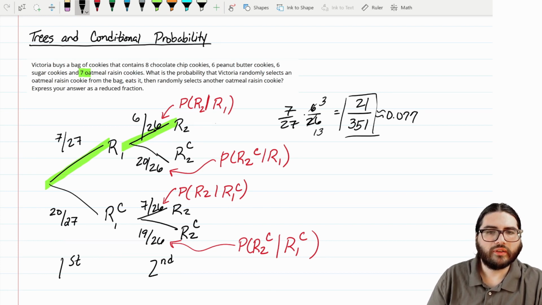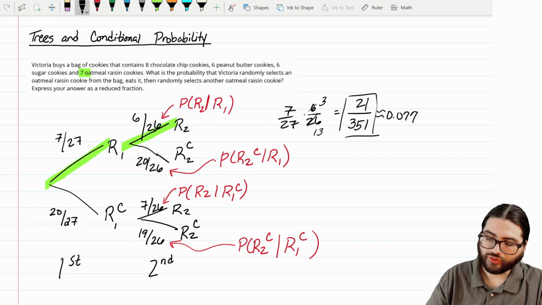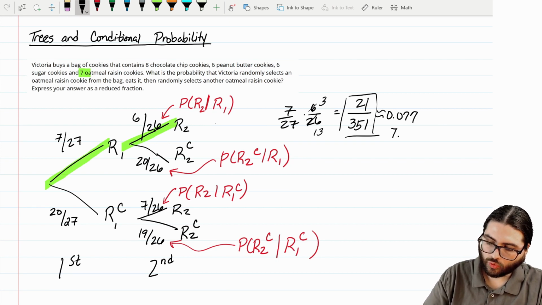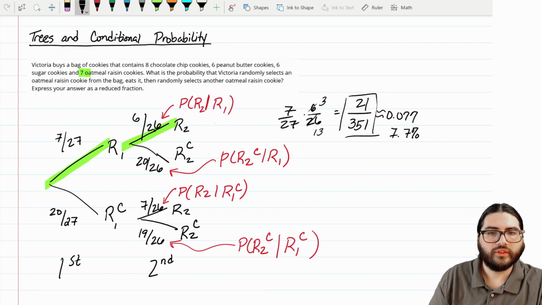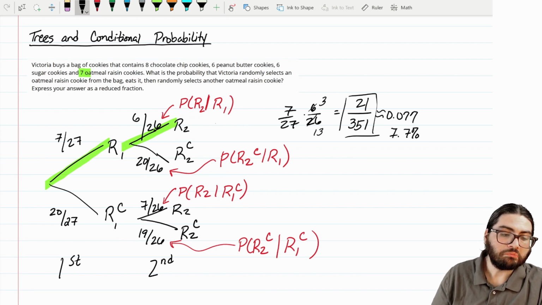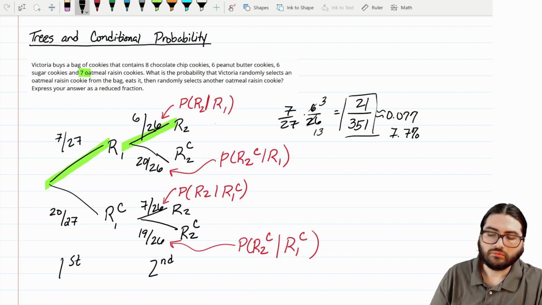So that's about a 7.7% chance or probability or likelihood that this event will occur. Not super likely, but not completely unlikely either. 7.7% is a very small but still existent chance that this could happen. 21 over 351 would be the exact fraction.